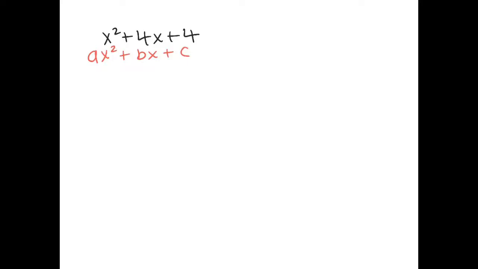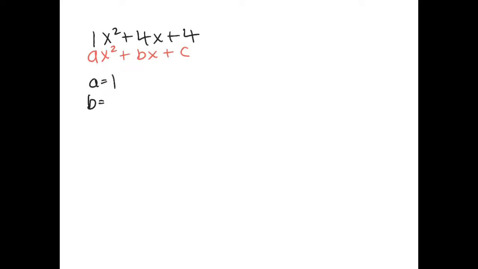Our a variable is equal to, there's nothing in front of the x squared, so we can just assume that a equals 1, because 1x squared can just be written as x squared. Next, our b variable. The b variable will always be the middle number in the quadratic equation.